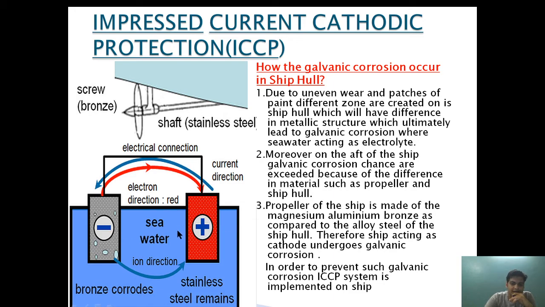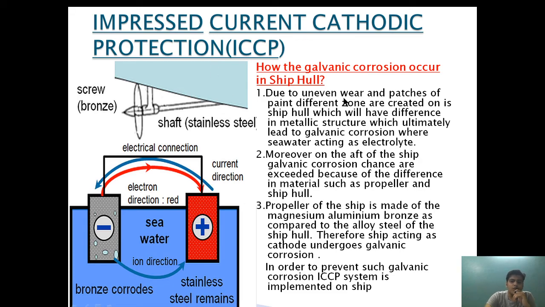Now this is acting as an anode, this is acting as a cathode, and now the electron is moving from negative to positive and the current is moving from positive to negative. This way the corrosion is started.